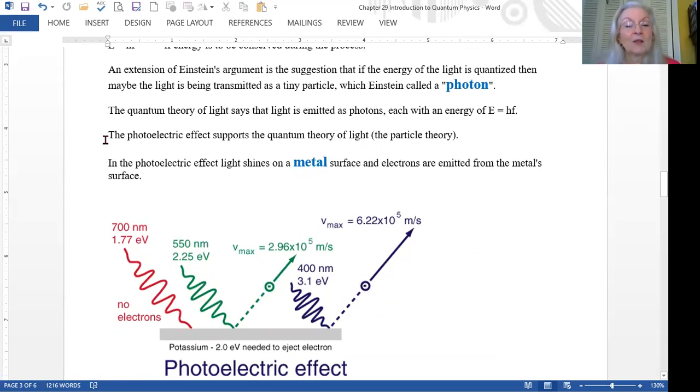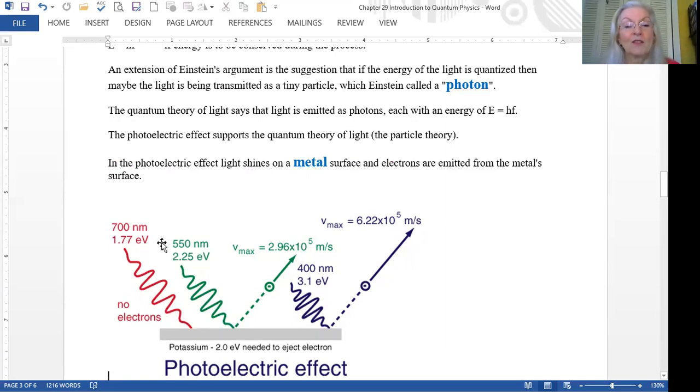In the photoelectric effect, light will shine on a metal surface, and if it's the appropriate frequency, electrons will be ejected. So if you have light in the 700 nanometer range, that's in the red range, and it strikes a potassium surface, it's not going to have enough energy to push out electrons, so you won't get an electron ejected.